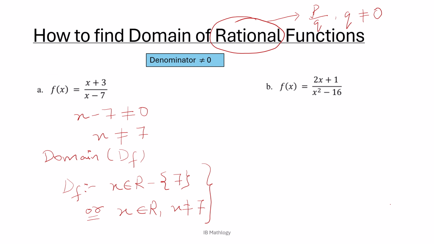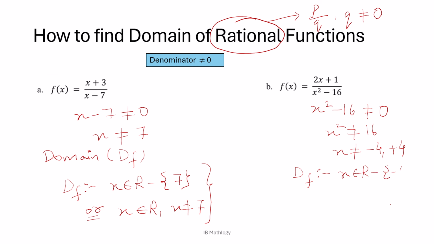Again we will follow the same rule: x² - 16 is not equal to 0, so x² is not equal to 16. So I can say that x cannot be equal to -4 and +4. I will write the domain of the function as x belongs to R except -4 and 4. It means all real values except -4 and 4. Or I can write x belongs to R but x cannot be equal to -4 and 4.